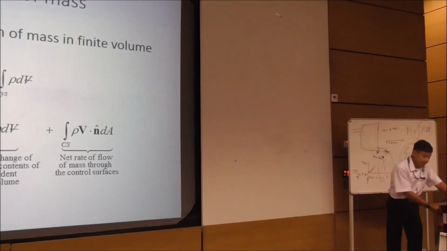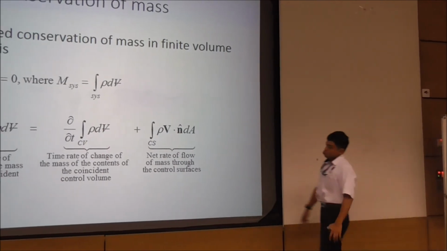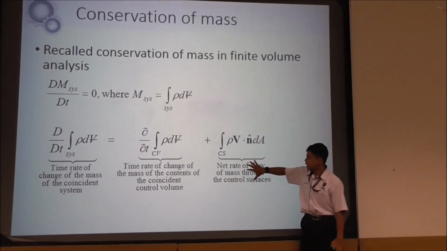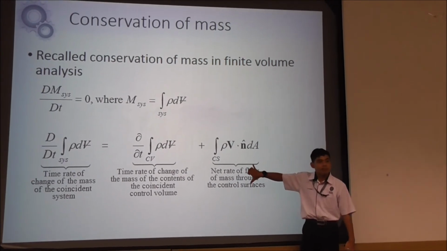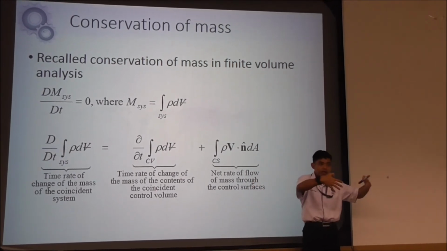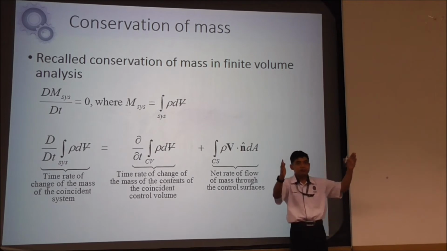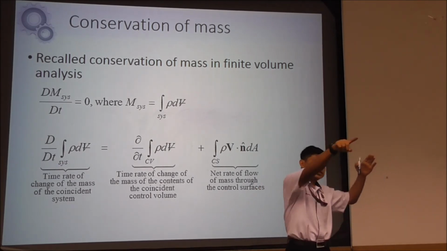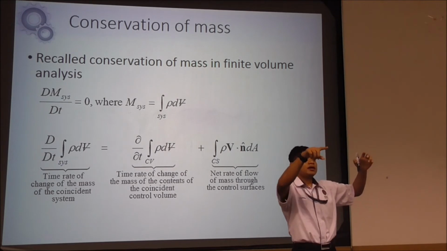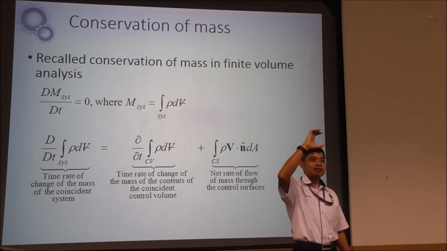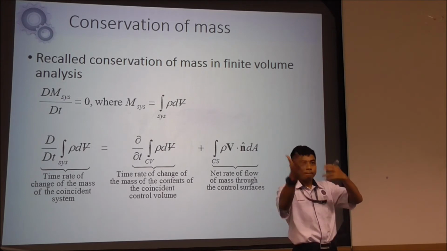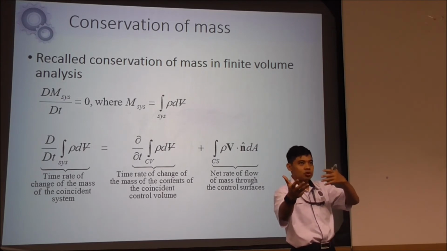Okay, so that's where it comes from. Now, this one is the changes in the control volume. This one is the changes, or the mass flowing in or out of that control volume. Got it? Any one of you have a bottle of water there? If you drink it, you drain the water from the container, from the storage.